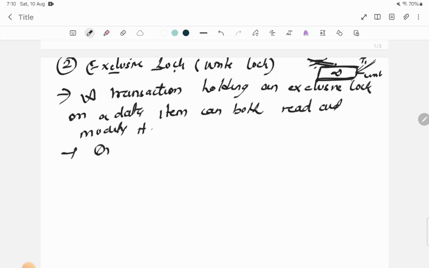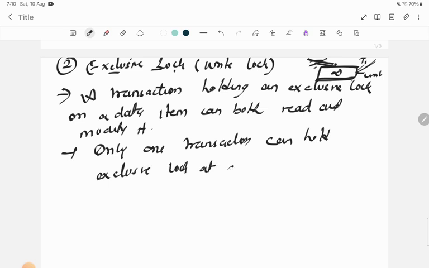It means that only one transaction can hold an exclusive lock at a given time. So this was about types of lock.